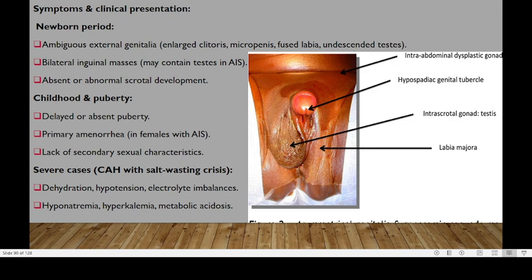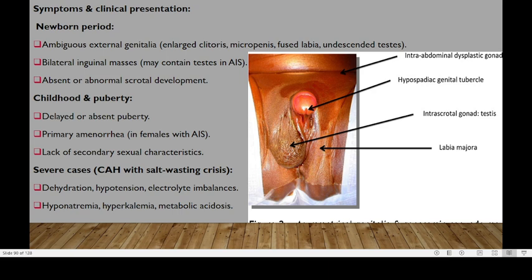In childhood and puberty, we could have delayed or absent puberty, primary amenorrhea in females, and lack of secondary sexual characteristics. In severe cases, like congenital adrenal hyperplasia with salt wasting, patients could present with dehydration, hypotension, and renal imbalances, hyponatremia, hyperkalemia, and metabolic acidosis.